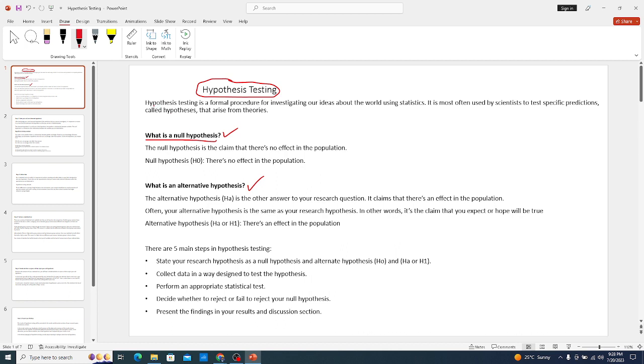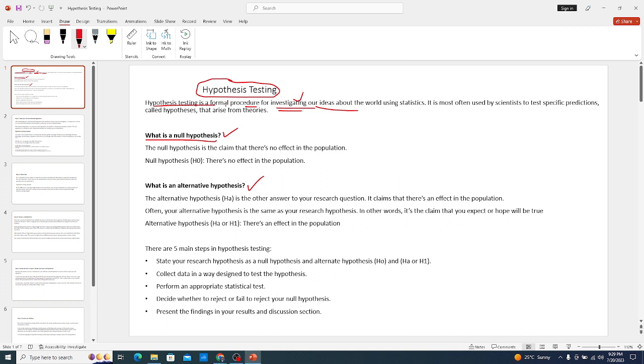It is a formal procedure for investigating our idea or our statement, or our research problem or research topic.